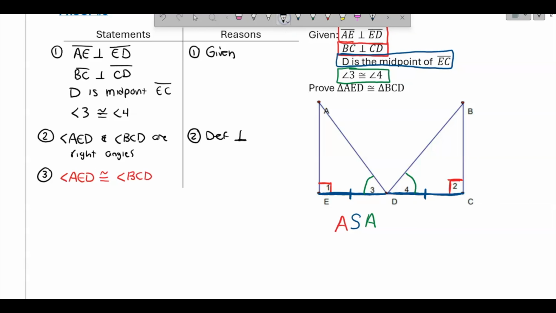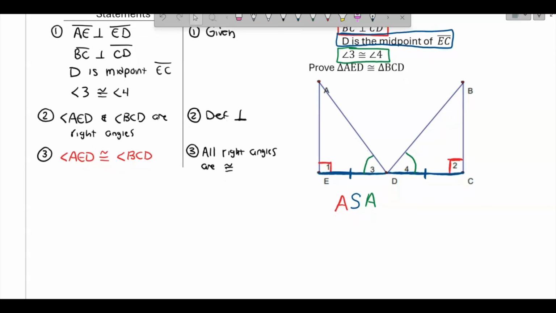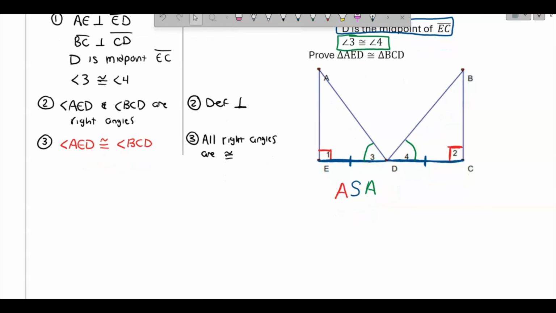And when I write down my reason for this, there's not a direct name for this. So what I'm simply going to say is all right angles are congruent to each other. Because if I have right angles, they're 90, and 90s are all going to be the same, so they must be congruent to one another. So that's going to be the most direct way to deal with this, and there's a reason why when we get to proof number 4 in just a couple moments.